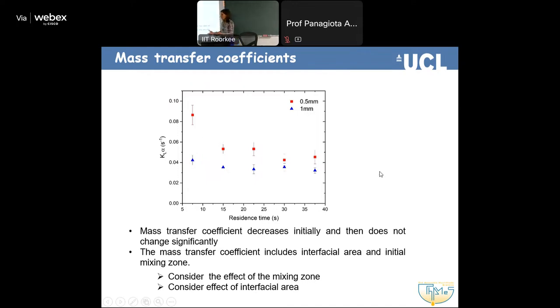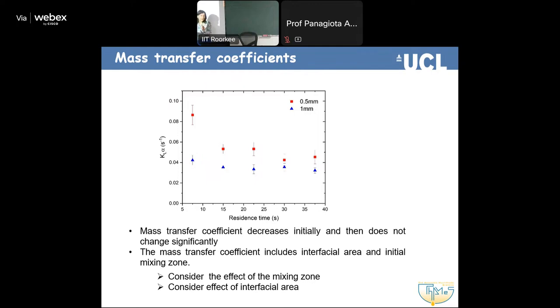In reality, what we have is the mass transfer coefficient, and I'll stop here as you have mentioned it. The way we do the residence times in the channels is that we use channels of different lengths. Because if we use a fixed channel length and we change the velocity to change the time, we will also change the flow pattern.